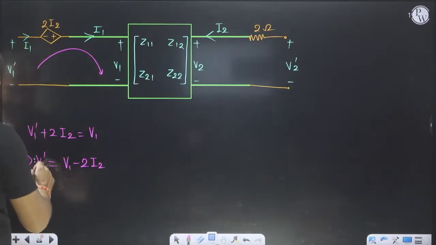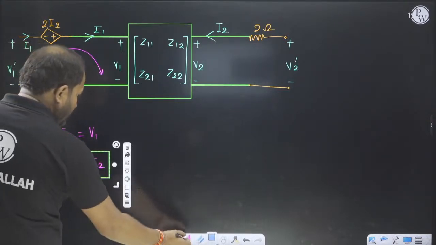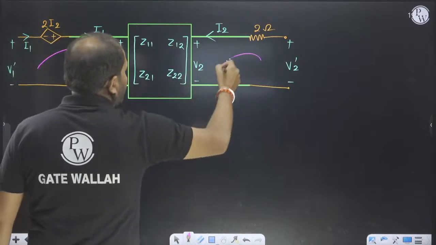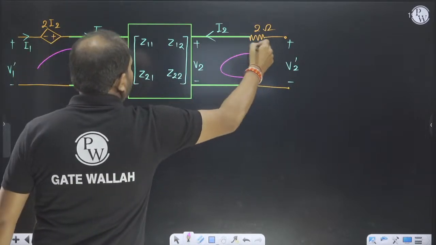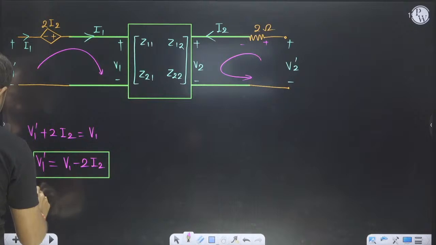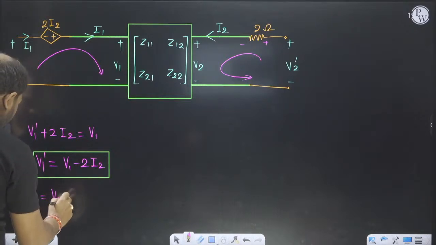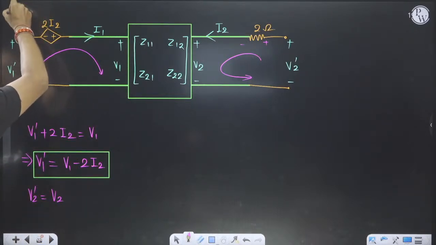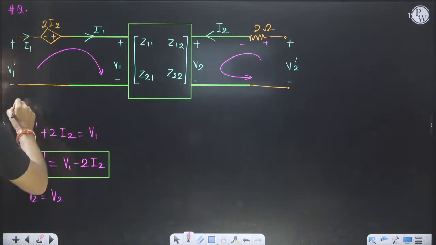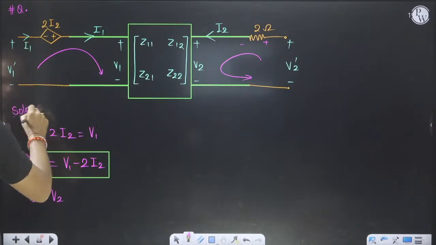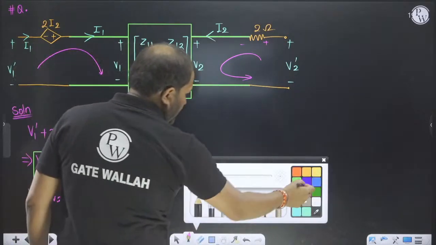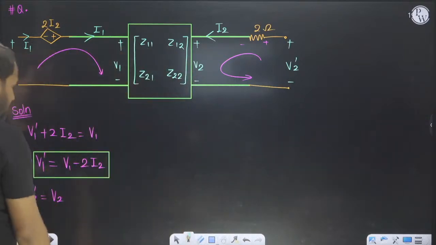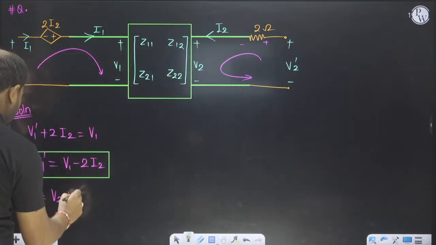Second, applying KVL, V2 dash will be equal to V2 plus 2I2.